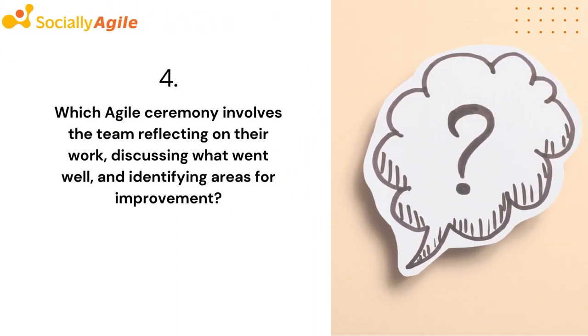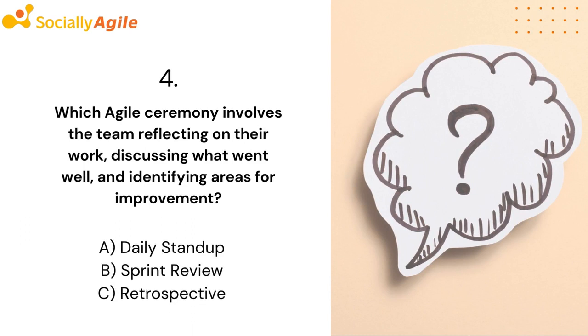Question number 4. Which Agile ceremony involves the team reflecting on their work, discussing what went well, and identifying areas for improvement? A, daily stand-up. B, sprint review.